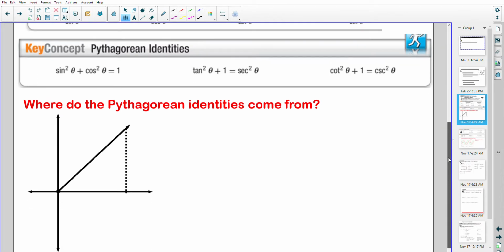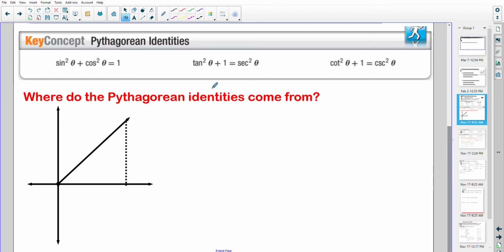The Pythagorean identities are new, and they get their name because we use the Pythagorean theorem in order to get these properties. If you're looking at the unit circle, this point is going to be cosine theta, sine theta, or your x and your y, if this is your theta.